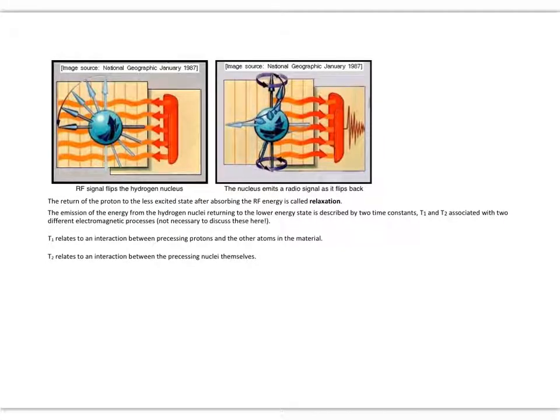If we look at this picture here, we can see the spinning hydrogen, and when a radio frequency is sent in by radio coils, it flips down and then it flips back up again and releases that radio wave or that radio signal.